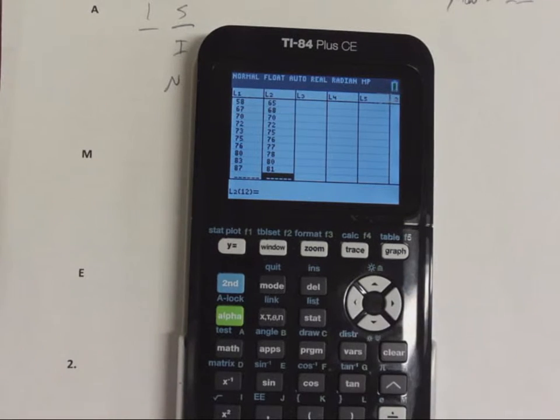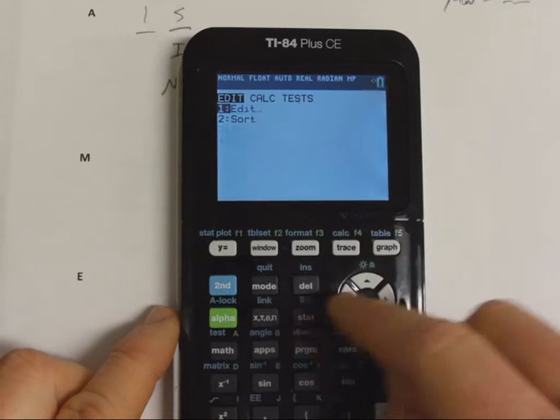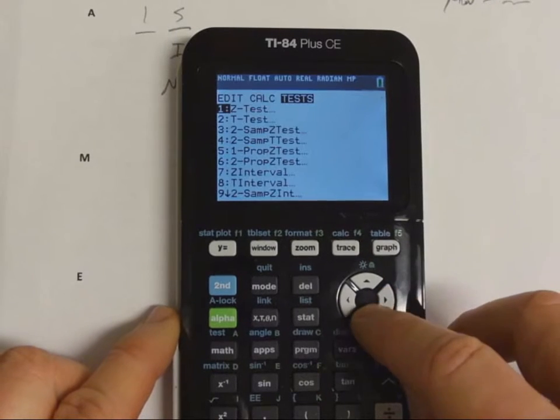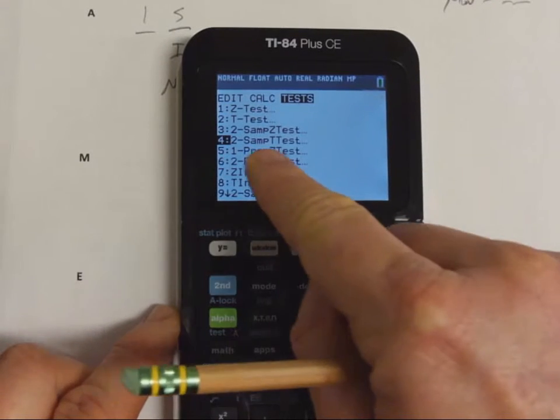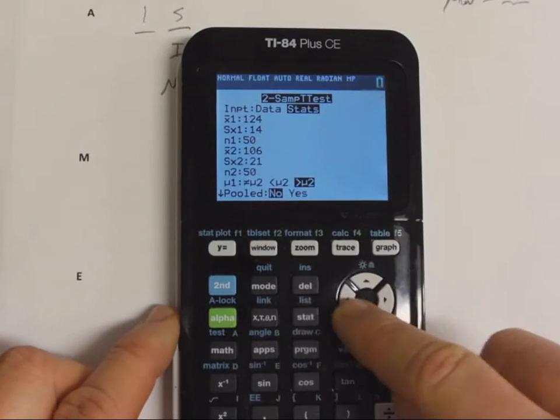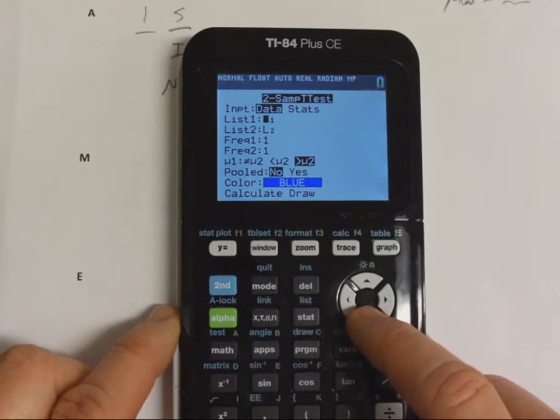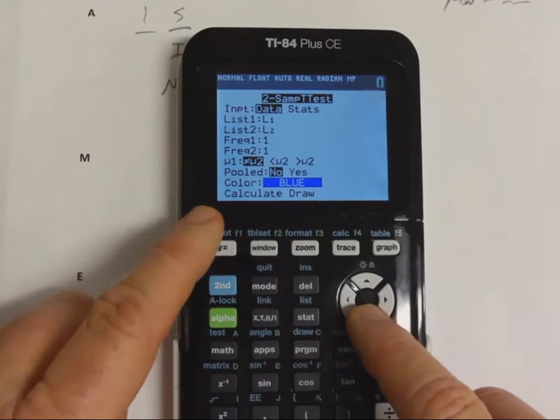Now to get my test statistic and p-value, I'll go stat, then test, and I'll go to 2-sample t-test. There you go. Now I'm entering data, because I entered data in list 1 and list 2. And so list 1 and list 2, my alternative is not equal to.